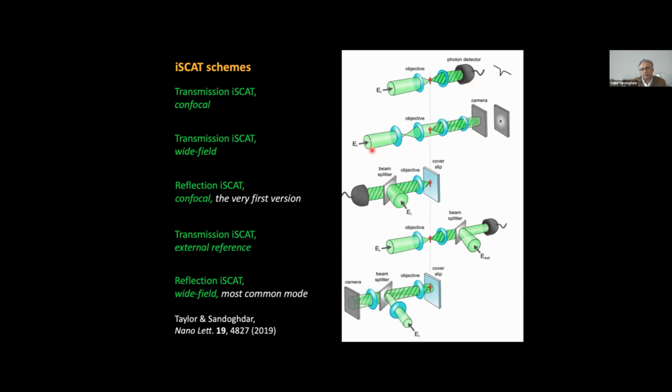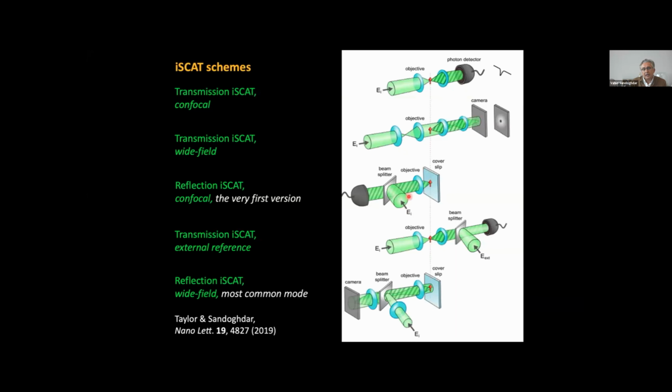And you could do this in wide field mode, that is, you focus in the back focal plane of your objective so that you illuminate a large area, and then that beam interferes in transmission with the light scattered by the nano object, and that way you can get an image instead of having a point detector. And you could also have your object sitting at an interface and therefore do this whole thing in a folded way, in reflection instead of transmission.